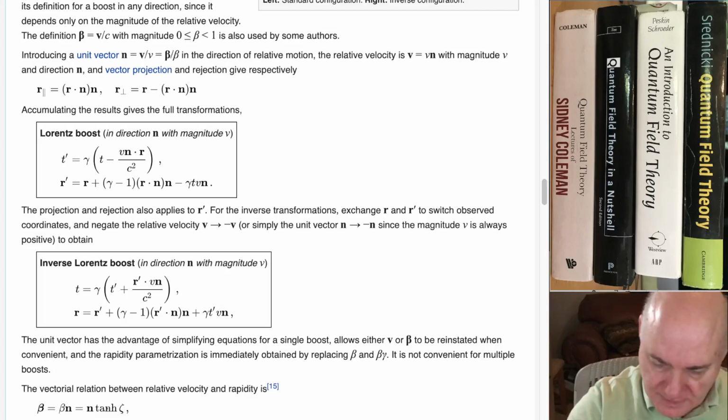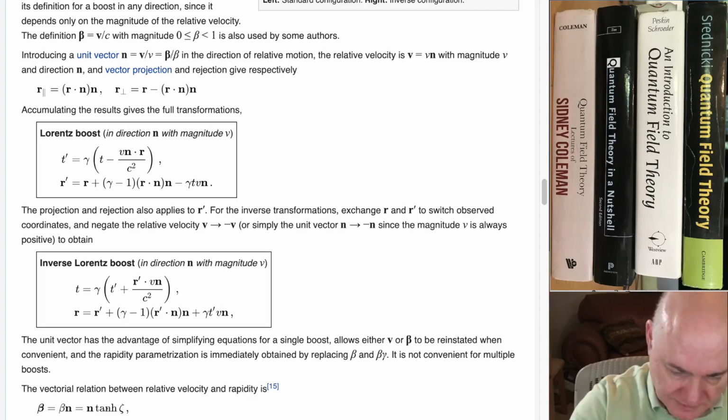Now you can also find this in Jackson, page 517. Whenever I cite Jackson in this course, it's always the second edition, which is the edition that I owned before he went to MKS units. Big mistake.